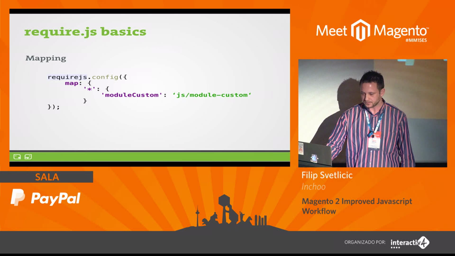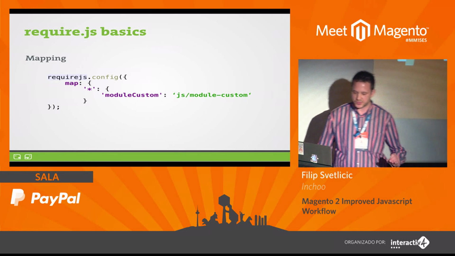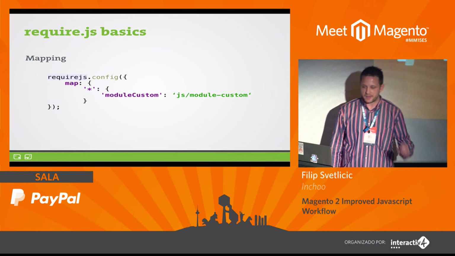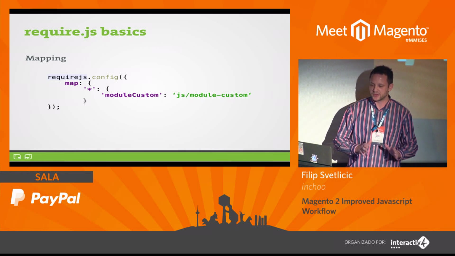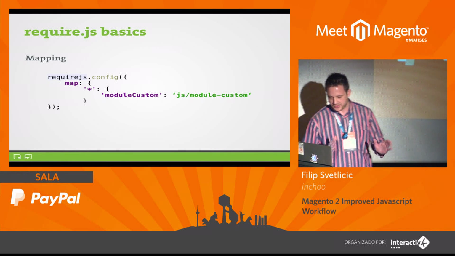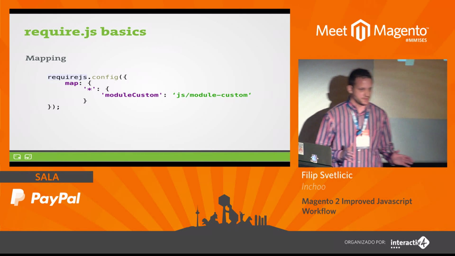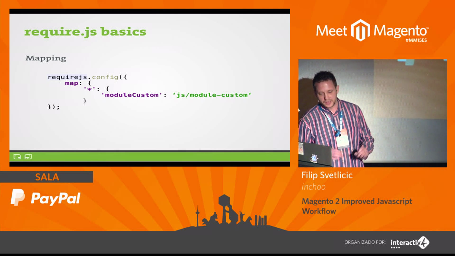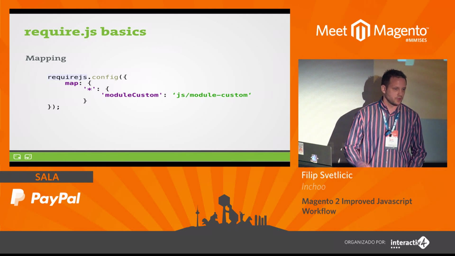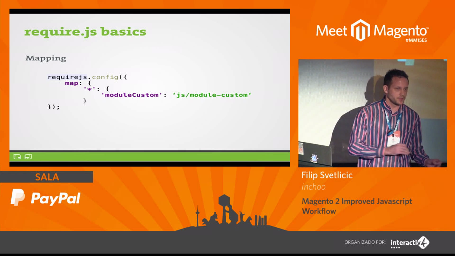Now, one especially important feature is mapping, and it's especially used for larger projects like the Magento system. Magento 2 is heavily using mapping, so it's really important to get a grip on how to use it.